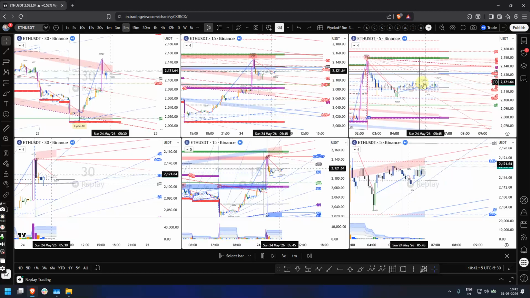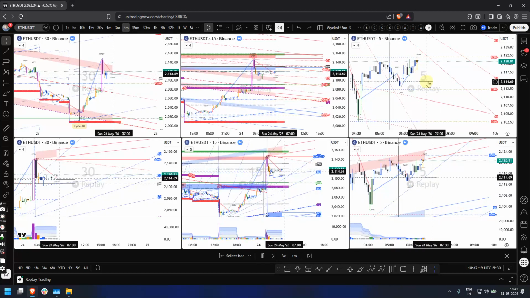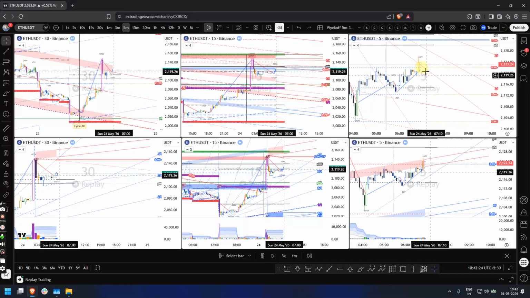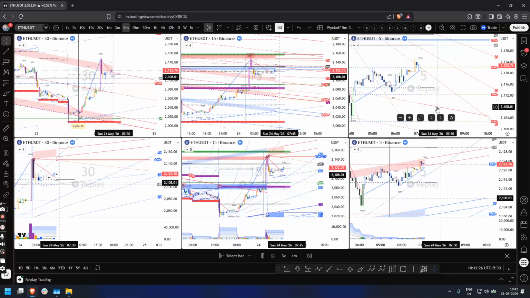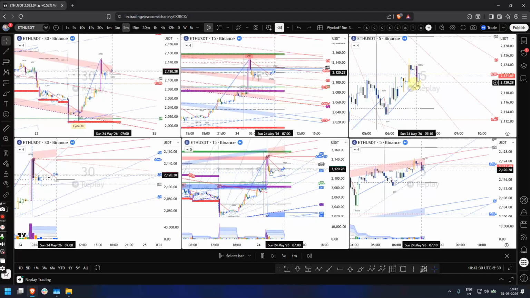You see, overcame the resistance there, support went up. It's gonna hit the resistance, and if it's not gonna overcome the resistance, it's gonna come down. It did overcome the resistance, but still, after that, came down.